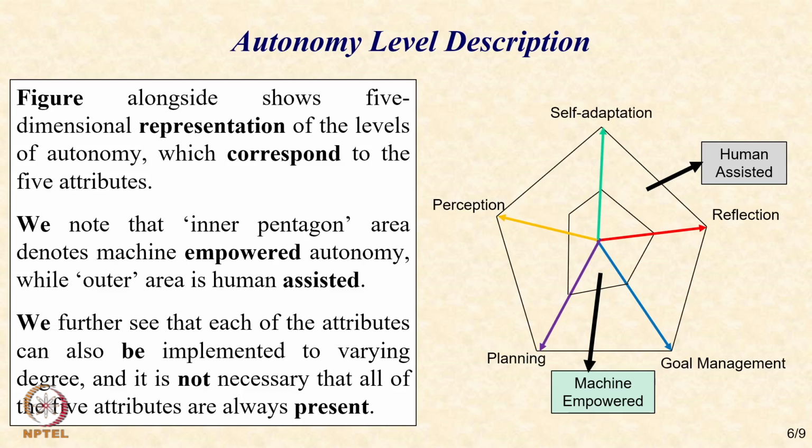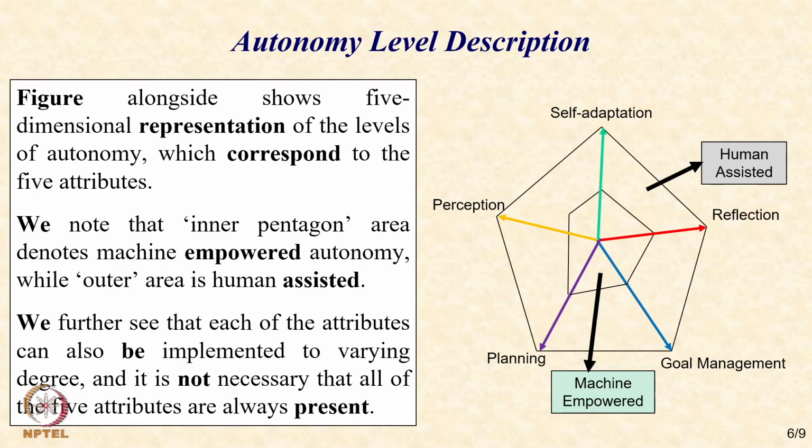Now, of course, here I have shown that all 5 attributes are present through machine empowerment, but to various degrees.